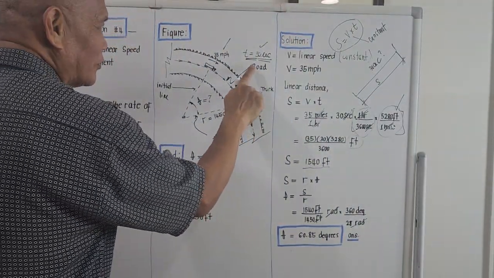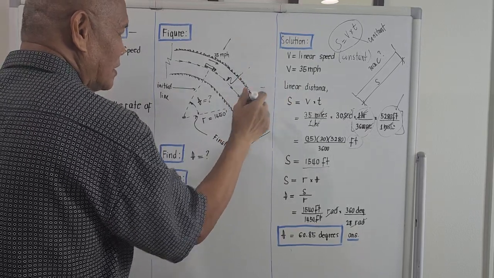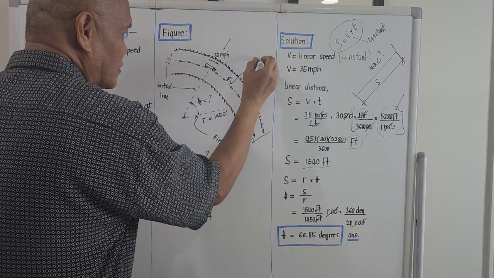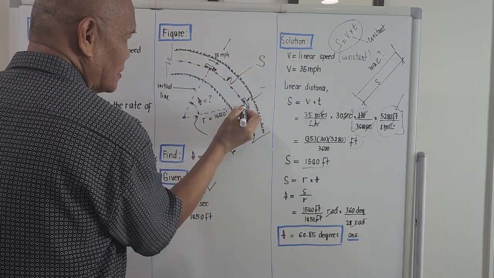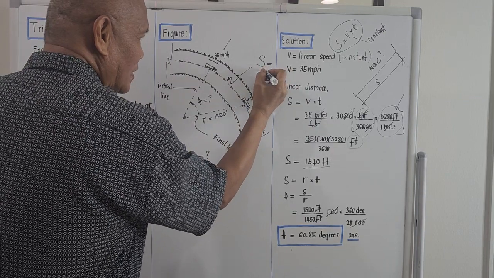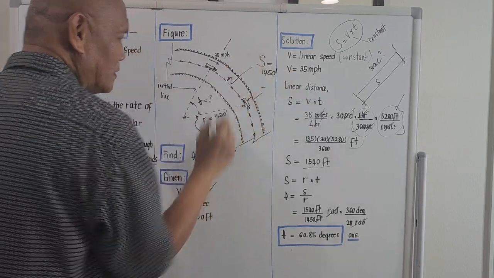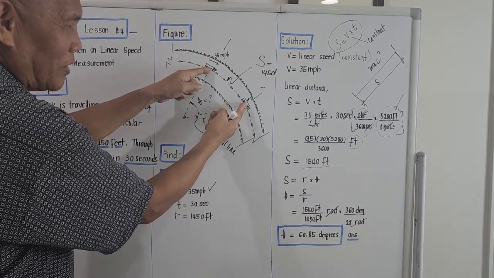Okay, I will try to erase this one. And so with this is S. From this point here up to this, that is S. And as per computation, it's 1,540 feet. Okay, this distance here is 1,540 feet.